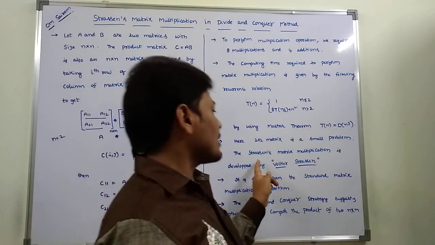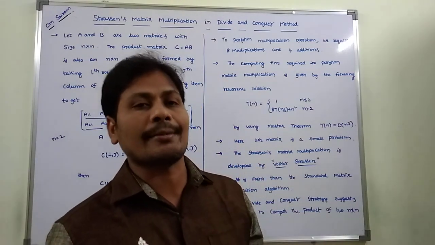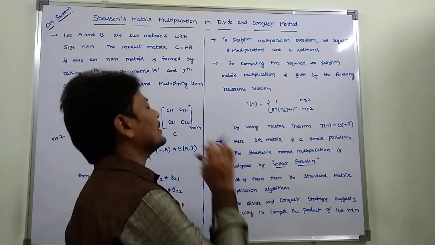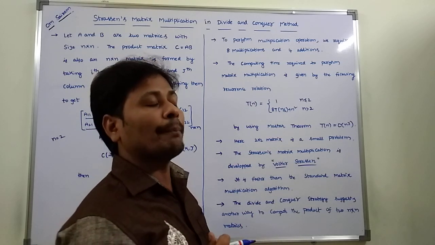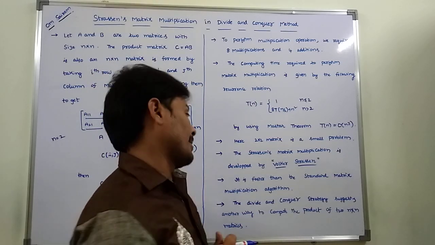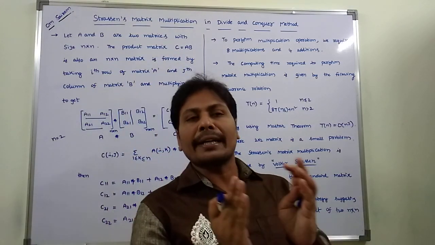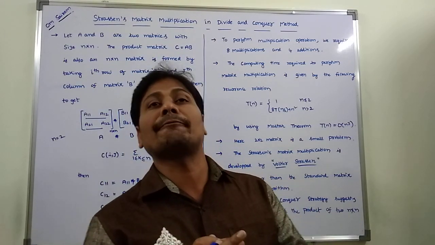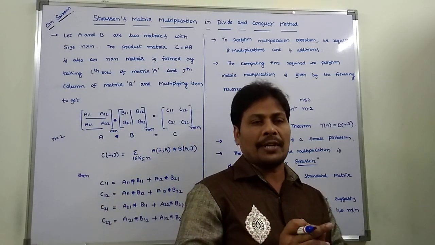Strassen's matrix multiplication was developed by Volker Strassen. Strassen's matrix multiplication is faster than conventional matrix multiplication.